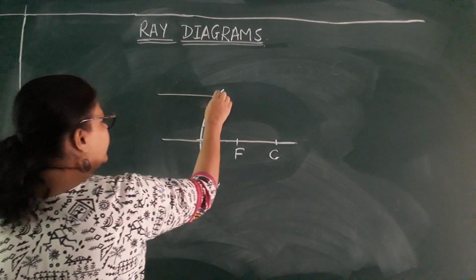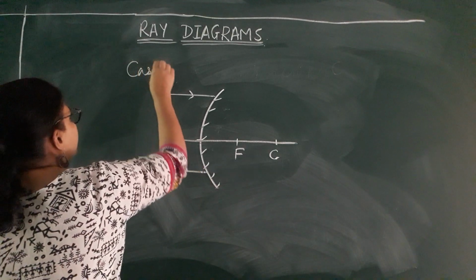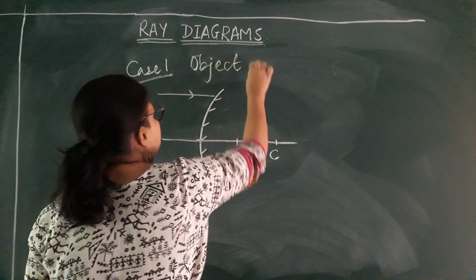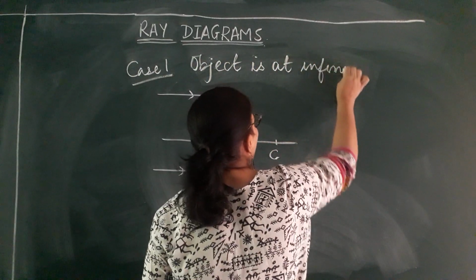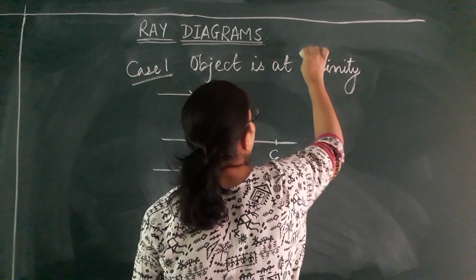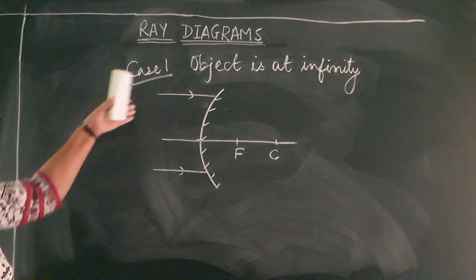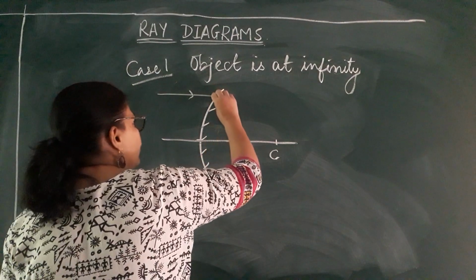Object is at infinity, children, is the first case. Case 1, object is at infinity. The object is very far away, so you can take 2 parallel rays because you cannot show the object, it is coming from infinity. So we are going to follow rule 1.